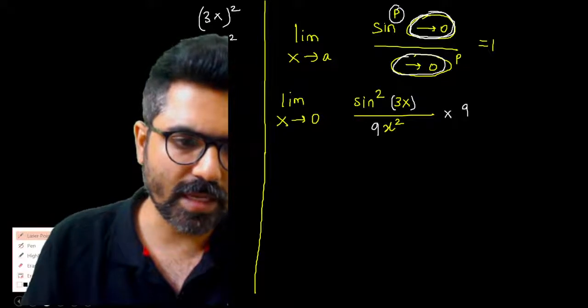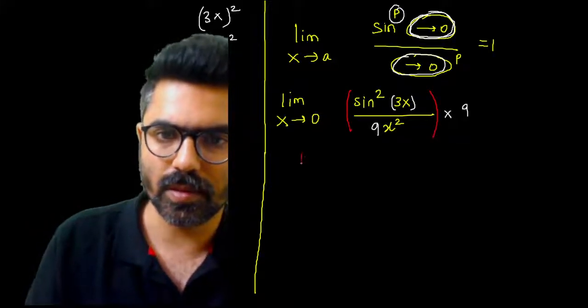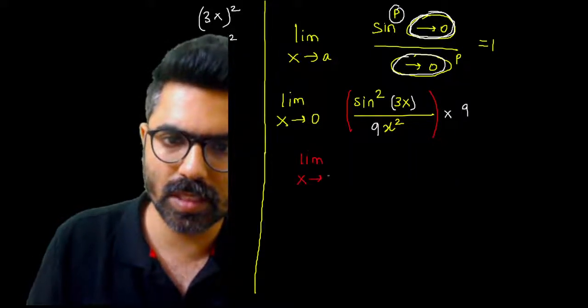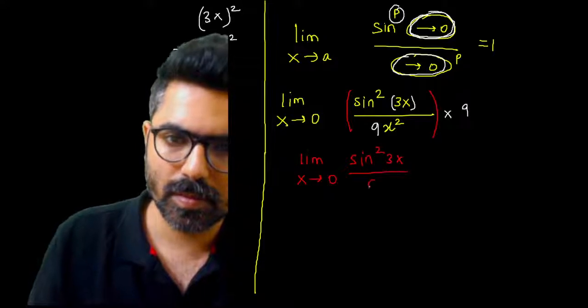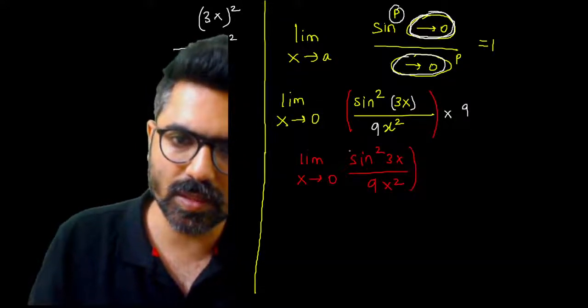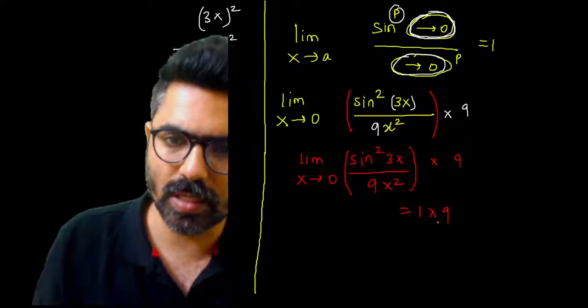So now I can say the limit of this part is 1 because it is in the above pattern. This limit is 1 and this is 9, hence the answer is 1 into 9, that is 9.